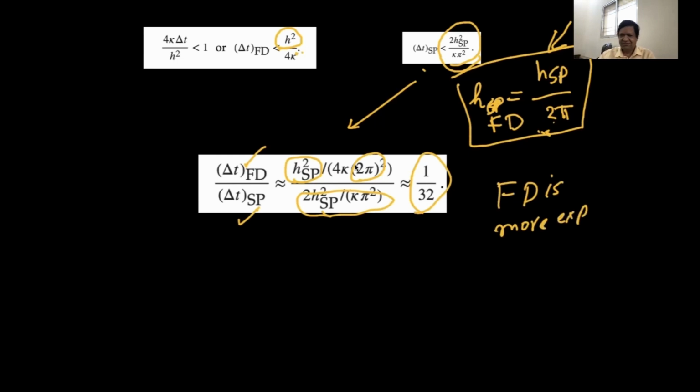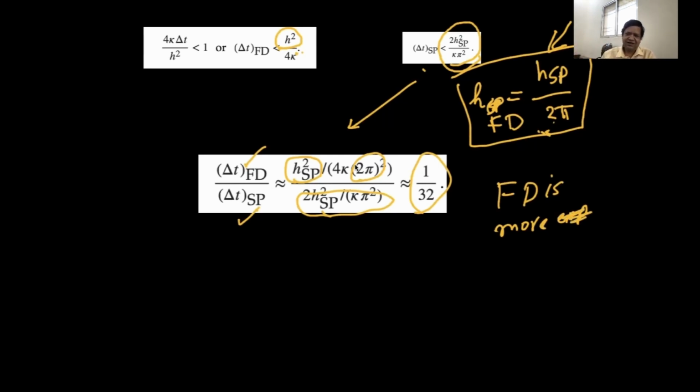Well, Fourier transform also takes time, so it's another thing. But typically, you require small delta t and small h for finite difference, more resolution in finite difference. So I should say you need more grid points and small delta t.